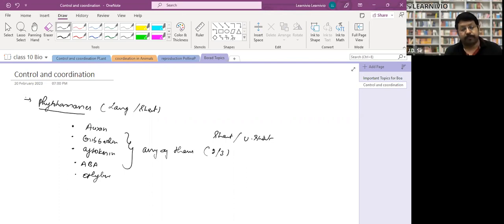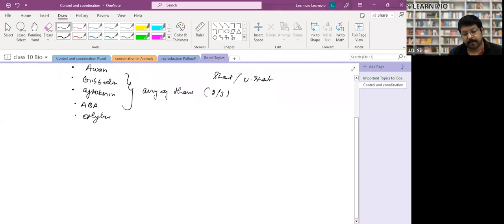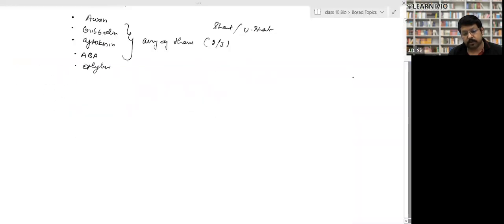Now, tropic movement. When we are talking about control and coordination in plants, if they want to ask you a short question, what can it be?